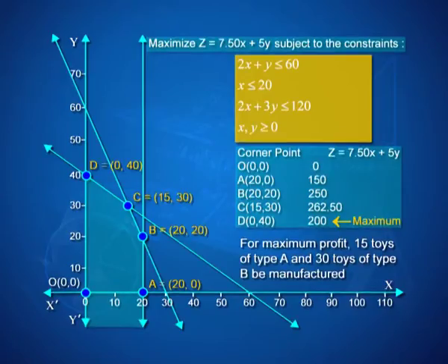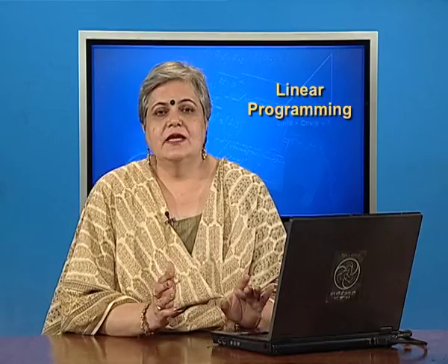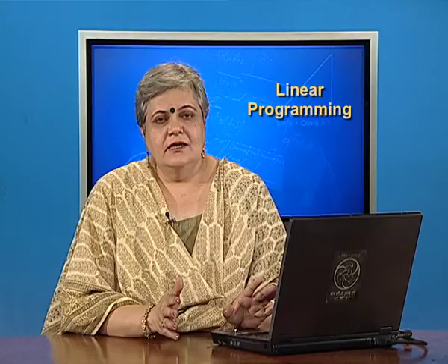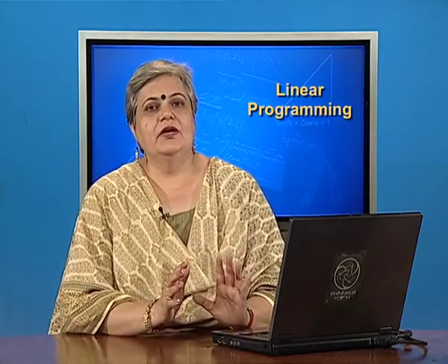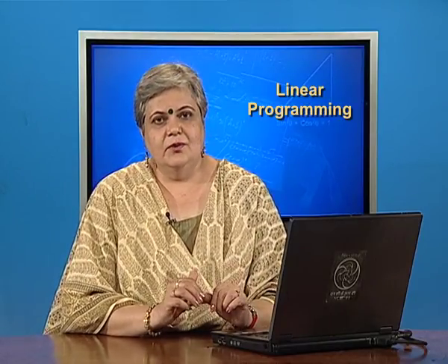We therefore say that for maximum profit, 15 toys of type A and 30 toys of type B should be manufactured. And if the problem also says find the maximum profit, then the maximum profit is going to be rupees 262.50. It's as simple as this, and therefore, I think you would enjoy trying out another problem.